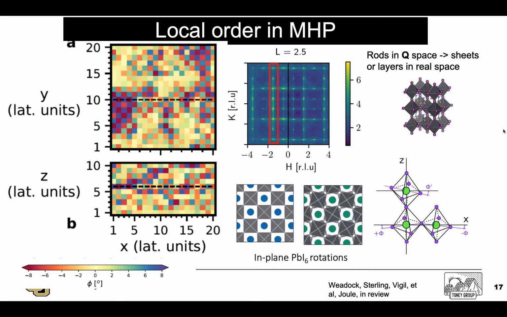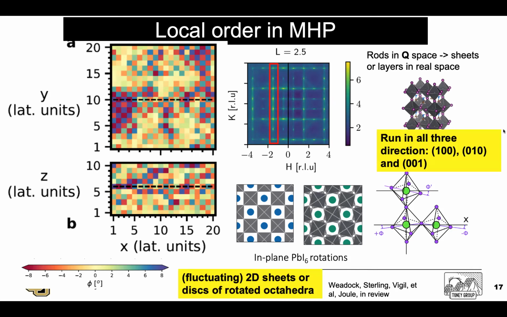We see that this region corresponds to what we just saw in the other direction, and below it you also see an alternating checkerboard. So what we conclude is that we have local regions of several unit cells across, where you have a local tetragonal structure embedded in the average cubic.